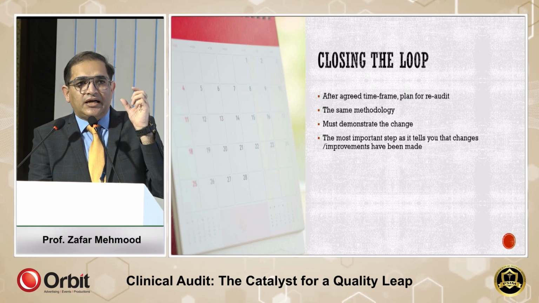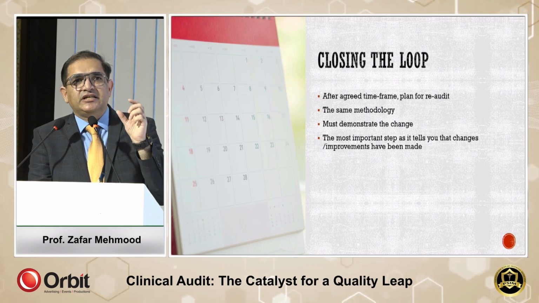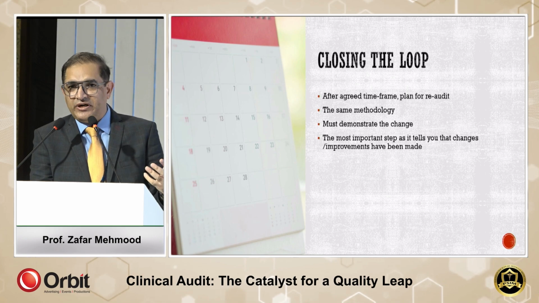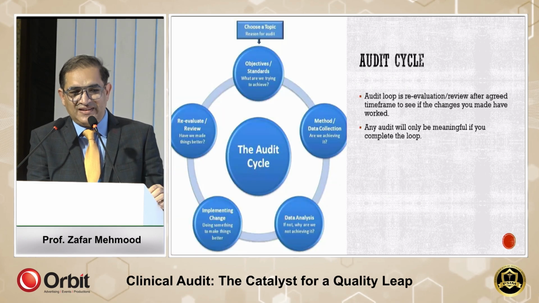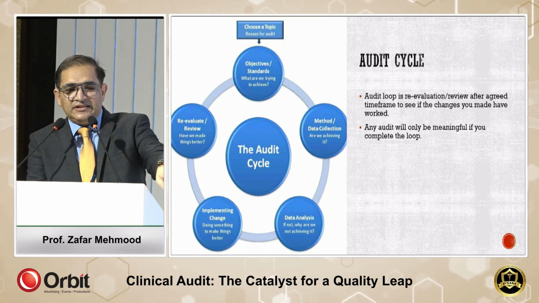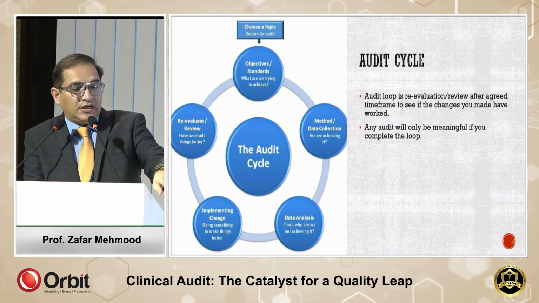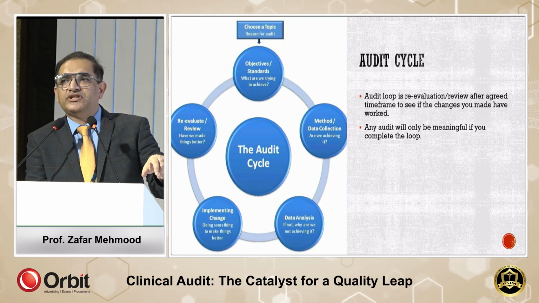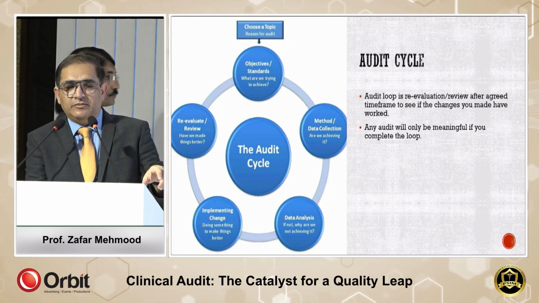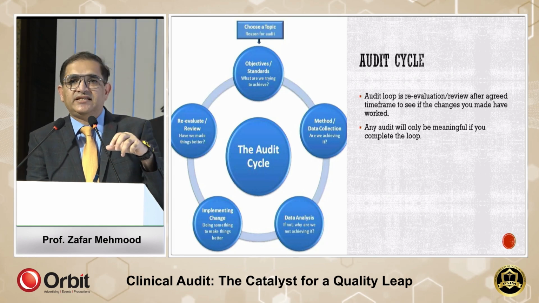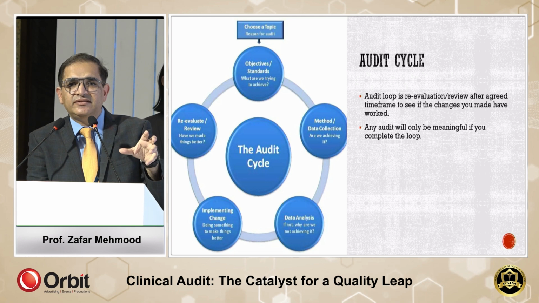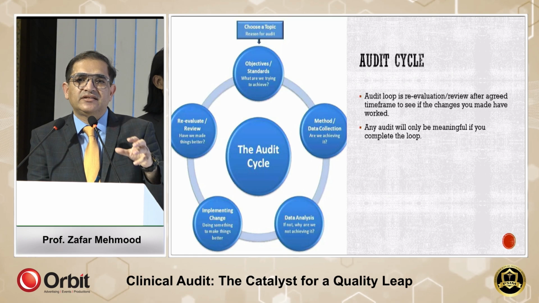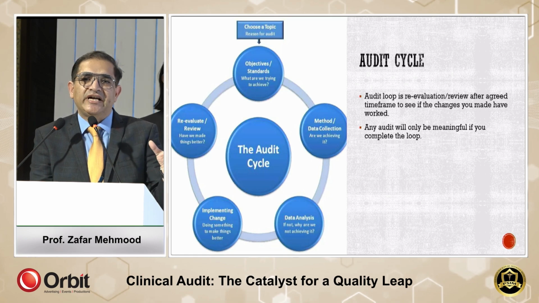When you complete an audit loop, it makes the audit more authentic and more important. So the last step is re-evaluation. It's always important to complete the loop, because if you have suggested and implemented changes, it is important to recheck to see whether they have made a difference.